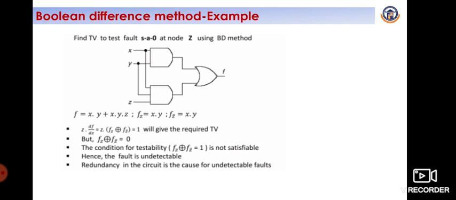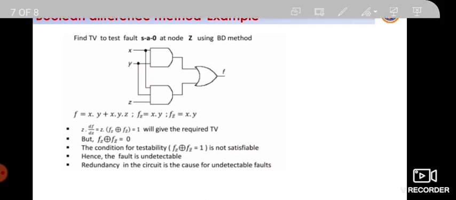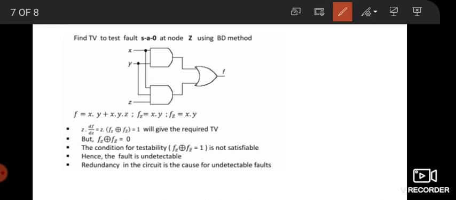This is another kind of fault present in the same circuit. That means the z node is affected by stuck-at-0. Similarly we can find the two values, f of z and f of z bar, but both values here are x dot y.